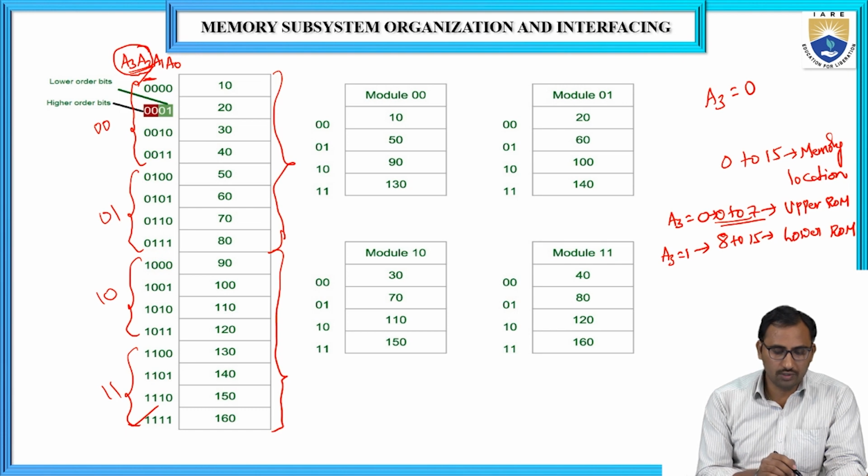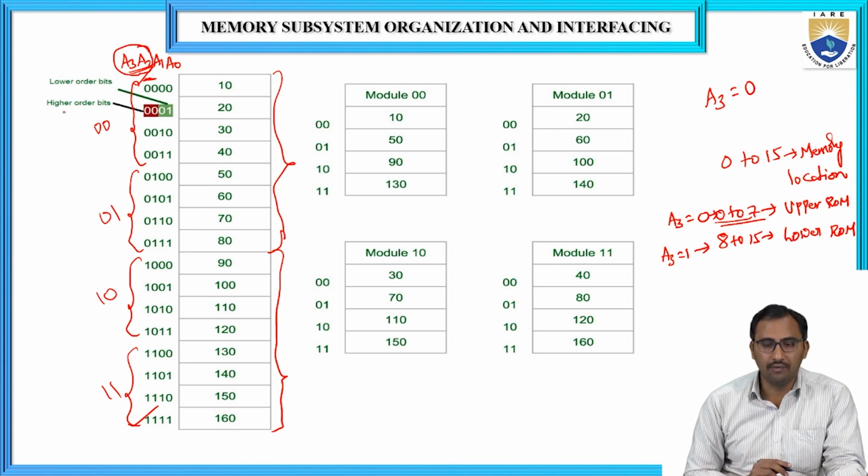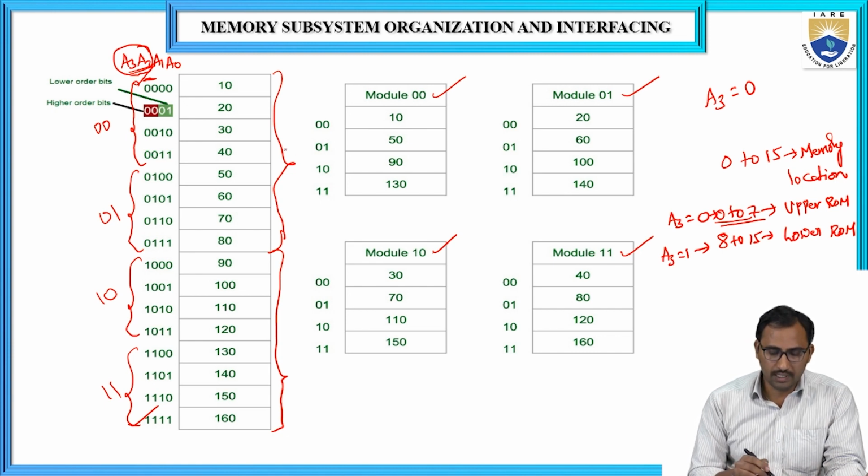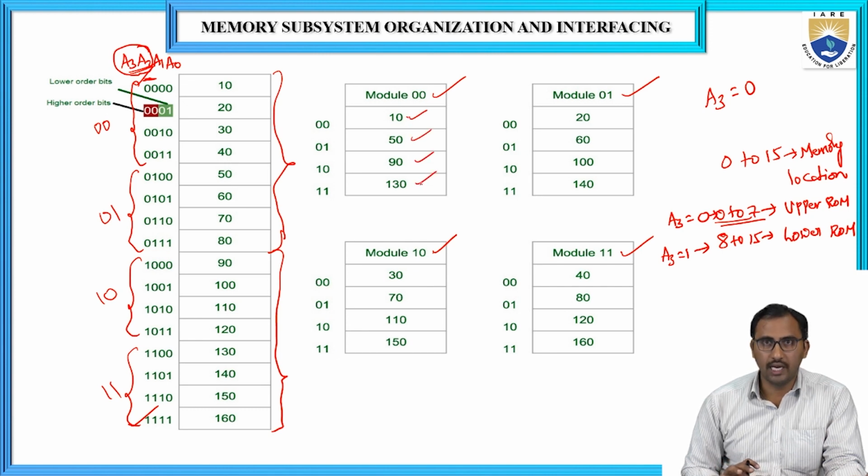So using this higher order interleaving, the total number of memory locations is divided into different modules: module 00, module 01, module 10, module 11. These are the different submodules of this memory. So this is high order.